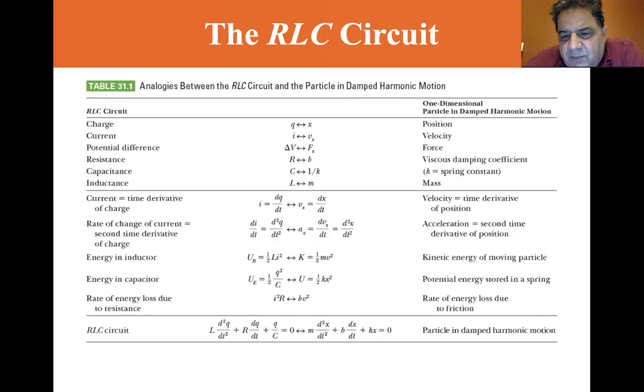And that's equivalent to the particle in damped motion, mass times acceleration. Acceleration is d squared x dt squared, so m d squared x dt squared plus b dx dt plus kx equals 0.